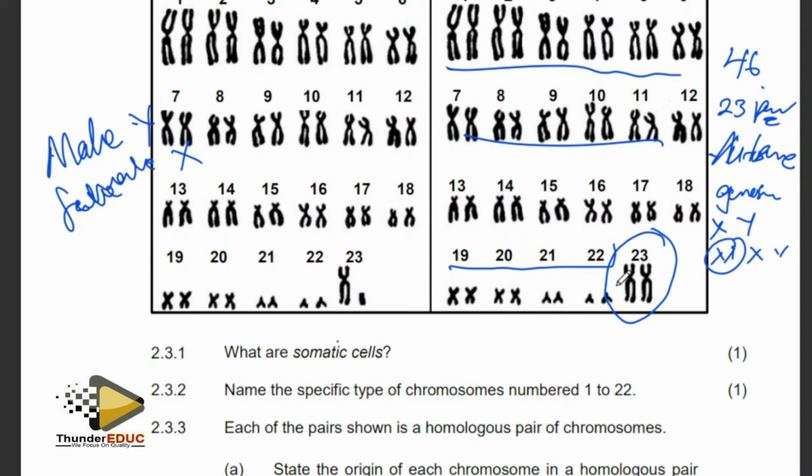Why are they not identical? Because of the different sex. Observable, in the 23rd pair, individual 1 has X and Y, while individual 2 has X and X. Identical twins are a result of one sperm fusing with the ovum and then the ovum splits into 2. Non-identical twins are a result of 2 sperms fusing with 2 ova, meaning you have different individuals.